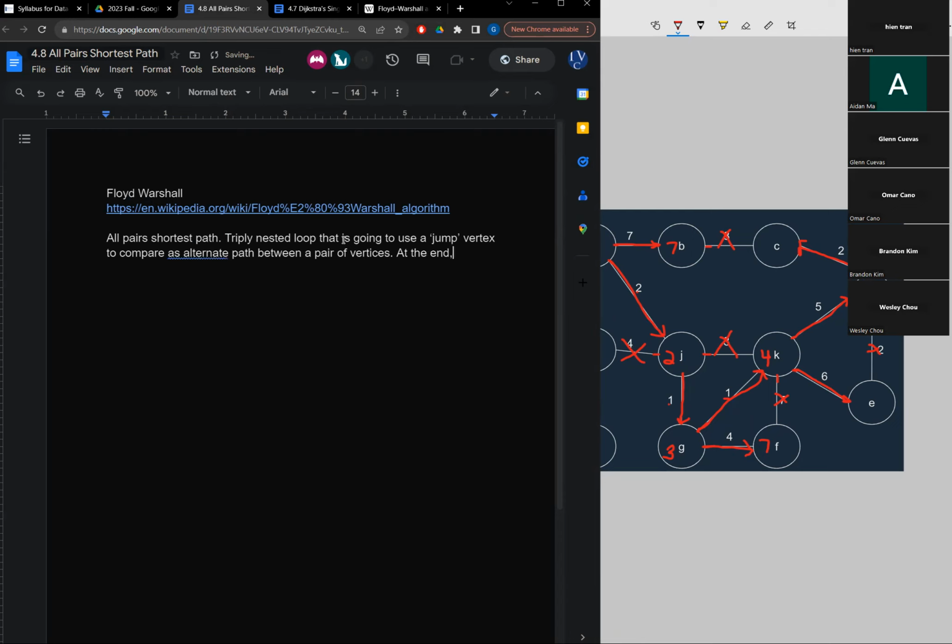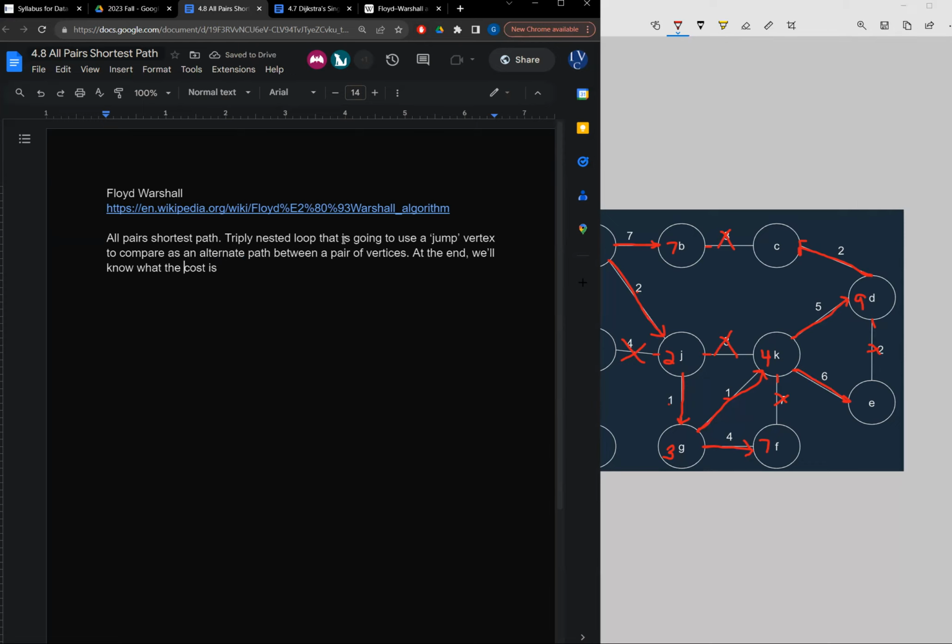At the end, we'll know what the shortest cost, or lowest cost, is between any pair of vertices. However, we won't actually know what the path is.